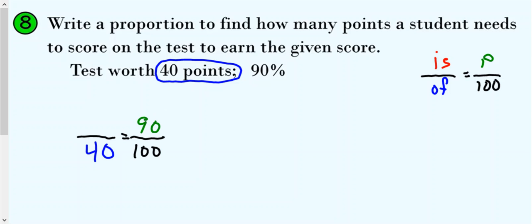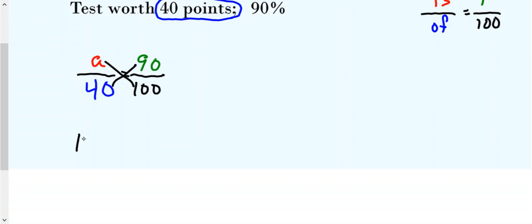So our unknown is we're trying to figure out how many points a student needs to score, so that is our is. So that's the part, we're going to be looking for that. Okay, so now our proportion is set up. We can cross multiply to solve for A. And 100 times A will be 100A.